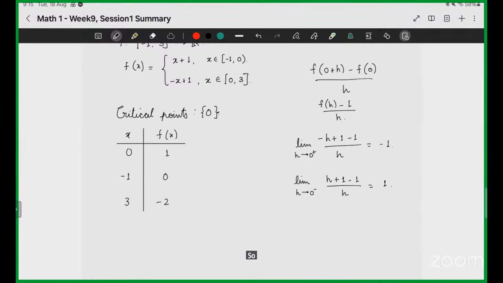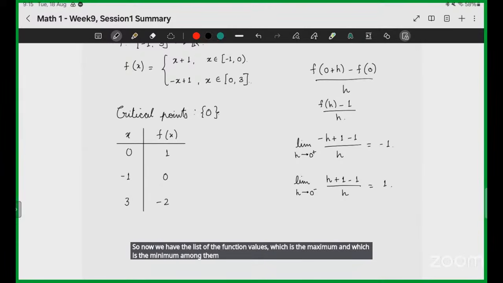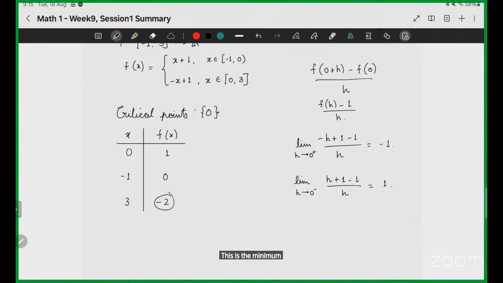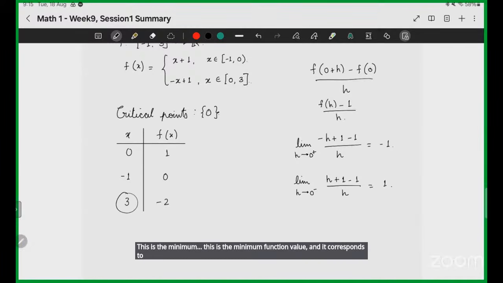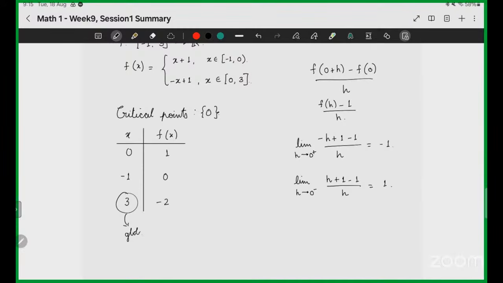So now we have the list of the function values, which is the maximum and which is the minimum among them? -2 is the minimum function value, and it corresponds to x equal to 3. This is the point where the global minimum is attained. And what's the maximum? x is equal to 0. So this has to be the point where the global maximum is attained.